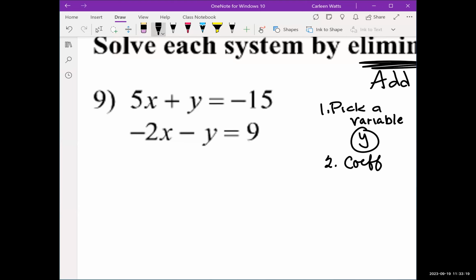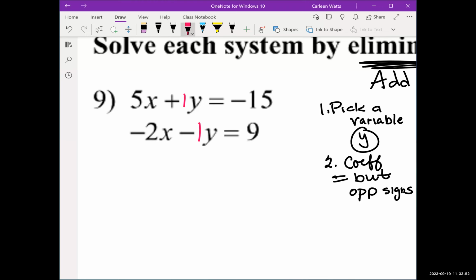So the coefficients must be equal but opposite signs. So look, we have +1 and -1. We are ready to add down.